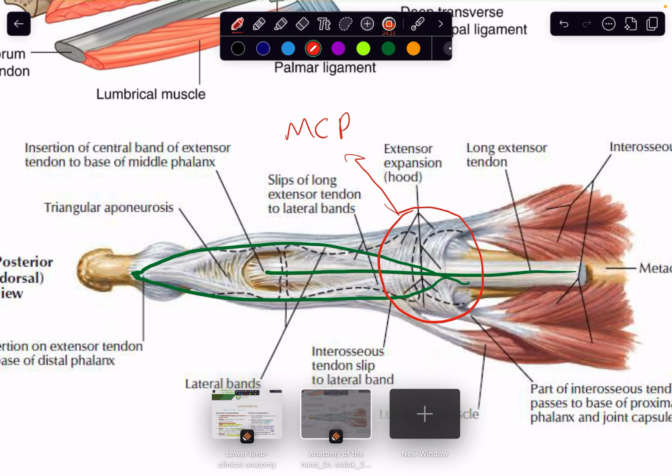Will it bend or will it extend? Extension. Extend, right? So anything, if you are pulling it from the back side, where will it go? To the back. Go backwards, right? So same, if you are pulling the distal phalanx from the back side, it will extend, right? It will not bend.